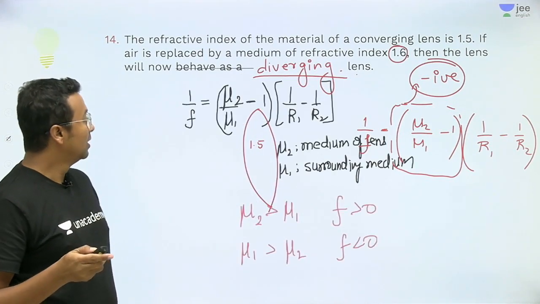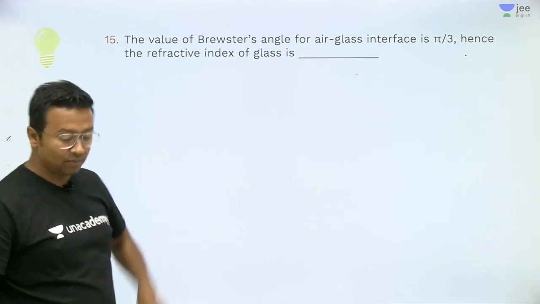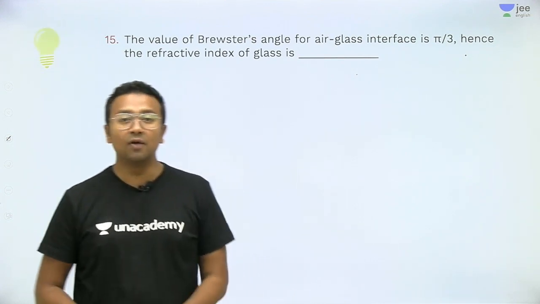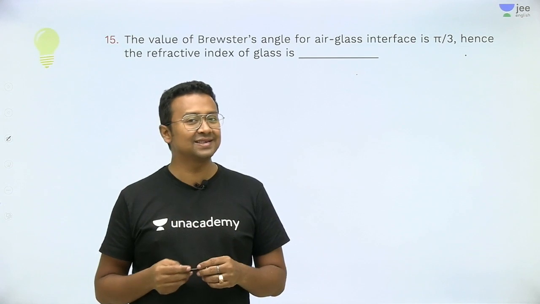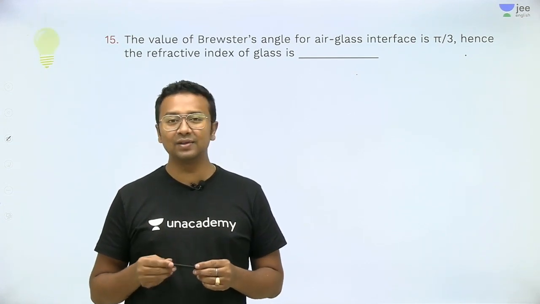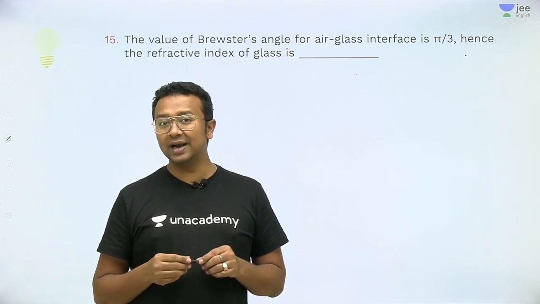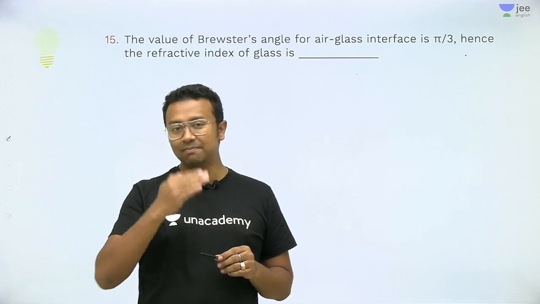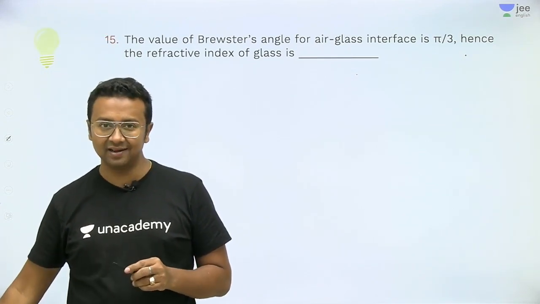Let's move ahead to the next question. Now, this is again a formula based question on the section of polarization. We know that there are different methods of polarizing light, and you can do it by making it pass through a glass slab, where some part gets reflected and other parts get refracted.